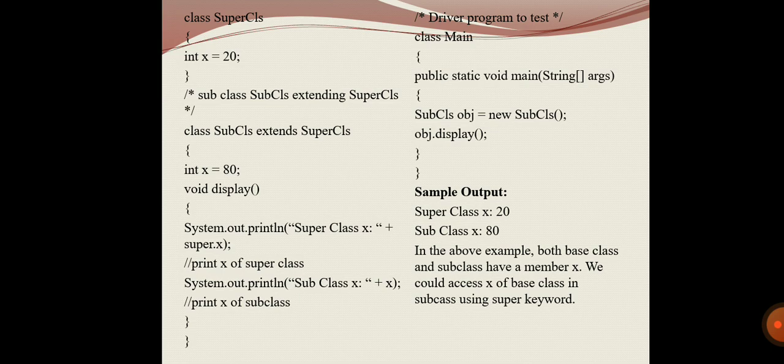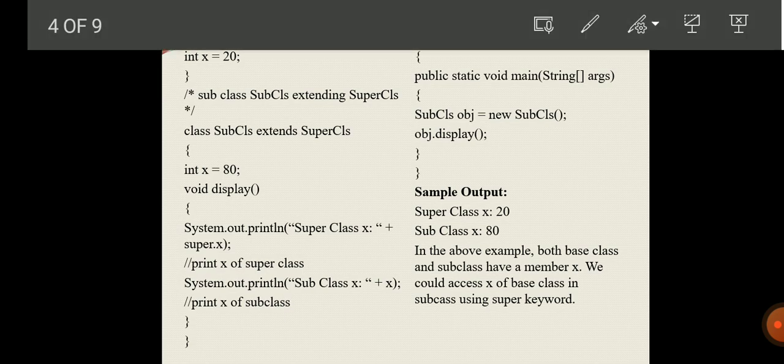So superclass has only the variable x, assigned the value 20. Next we have the class subclass which extends the superclass. It is single level inheritance, and here we are assigning x is equal to 80.